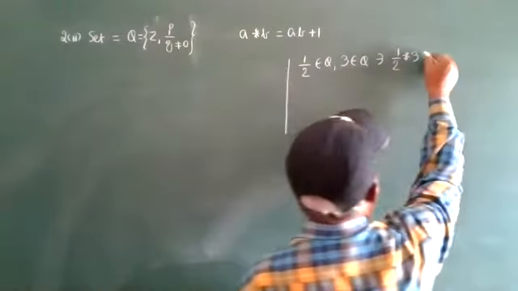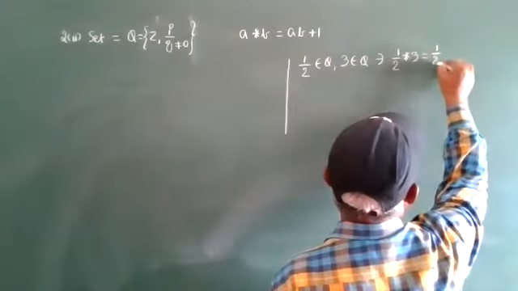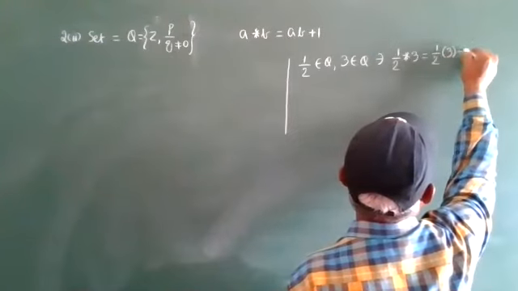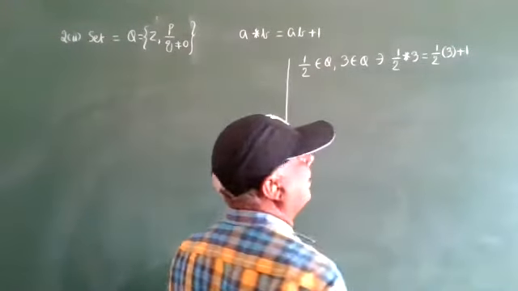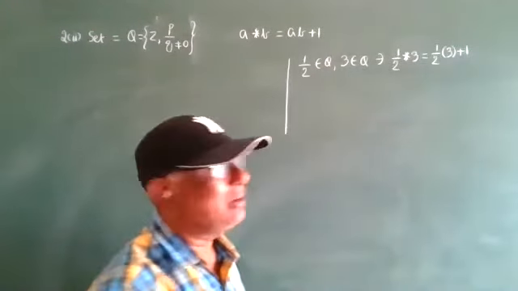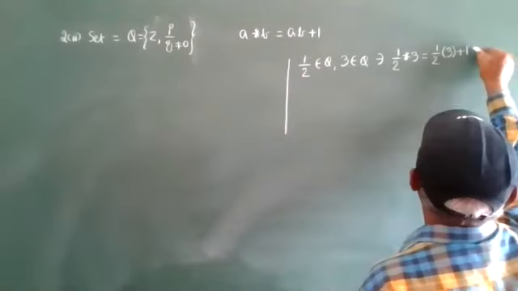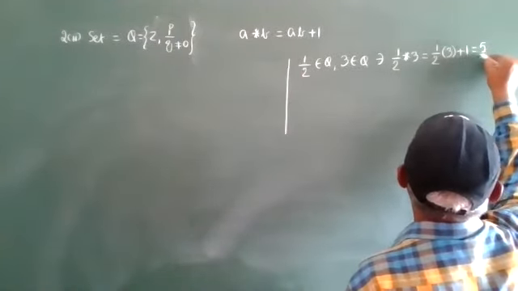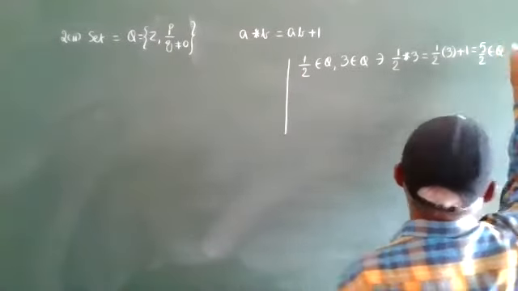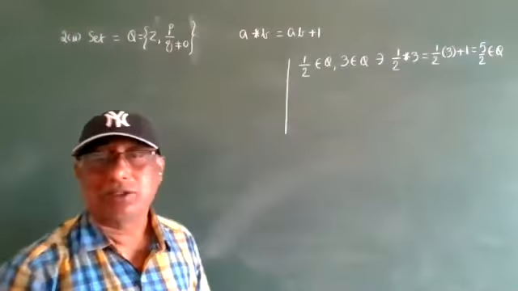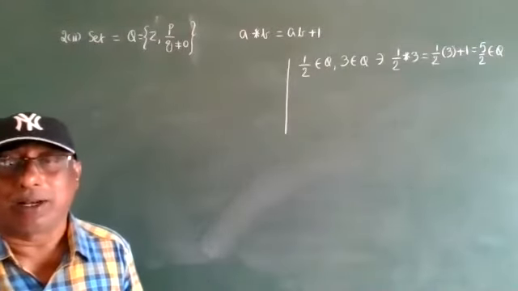What is the value? Multiplication and add plus 1: 3 by 2 plus 1, value is 5 by 2. It is also belonging to the rational numbers.